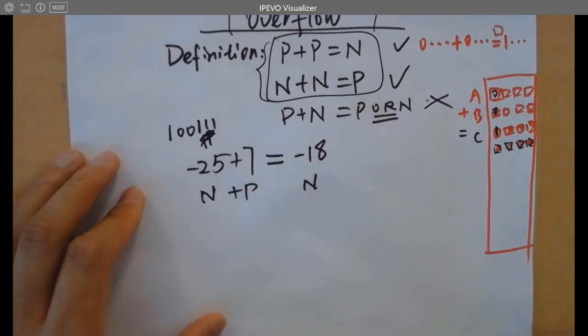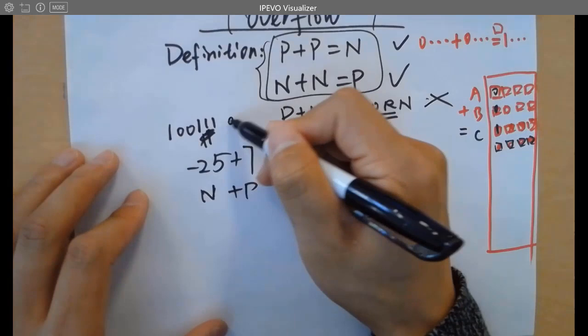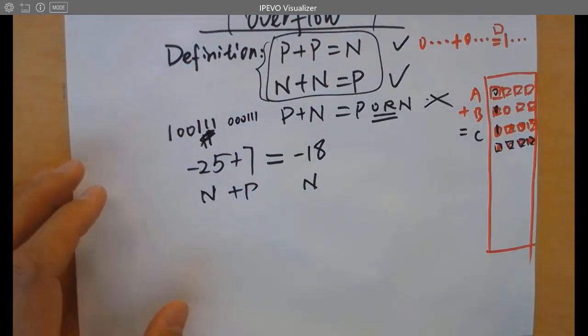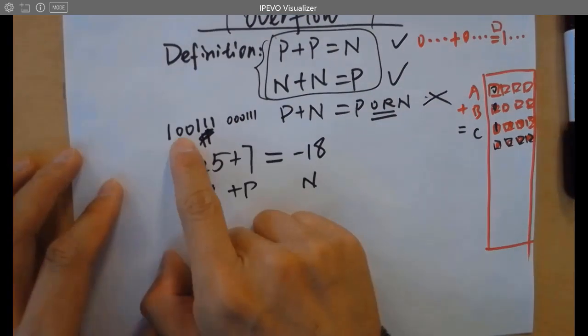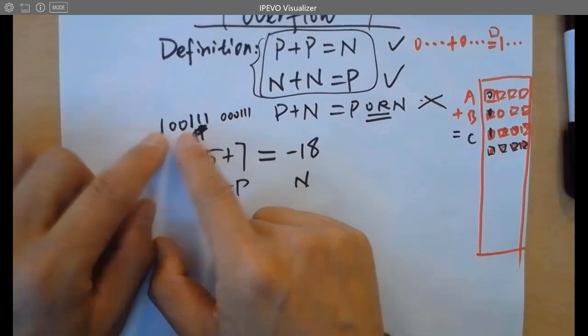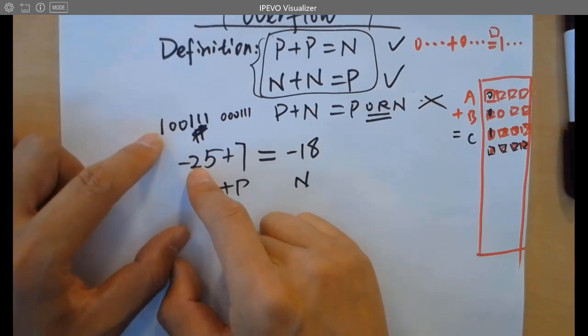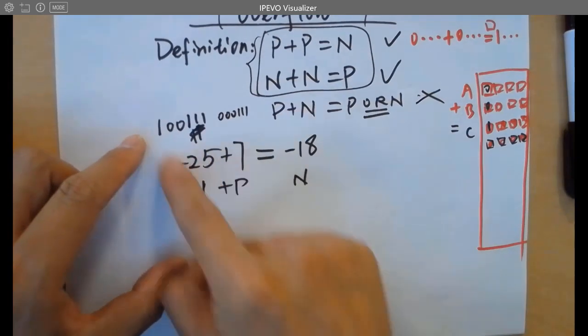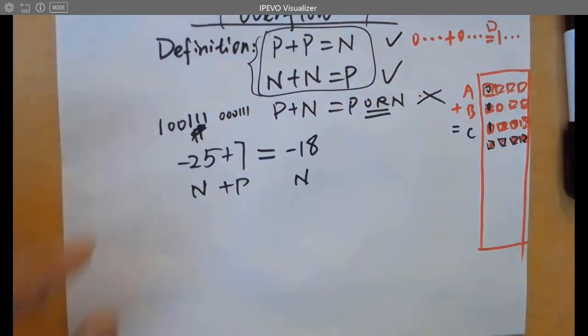And I need 6 bits for 7 as well. So it's going to be 0, 0, 0, 1, 1, 1. Okay? So I already have 6 bits to represent minus 25. I know this is a negative number, and I'm adding a positive number to a negative number, which means I'm reducing the absolute value or magnitude, right?